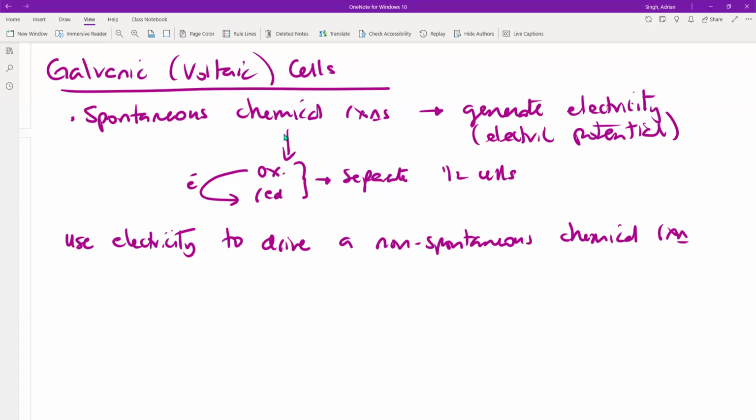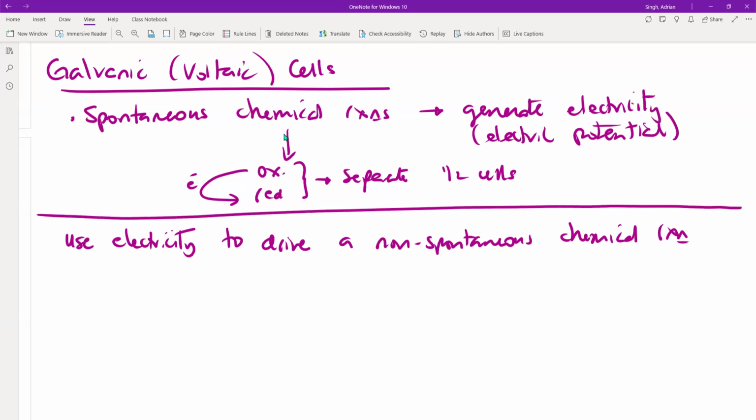This is going to be different. We're going to see some of the similar principles that we learned before, but overall it's going to be different than a galvanic or a voltaic cell.